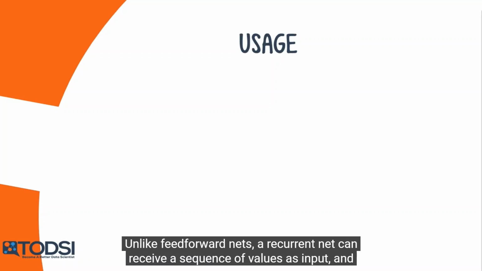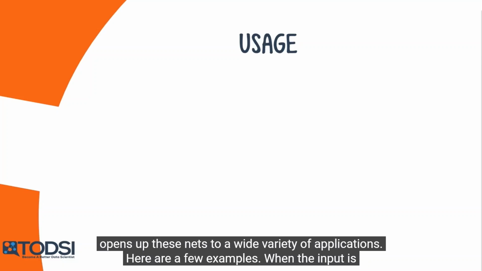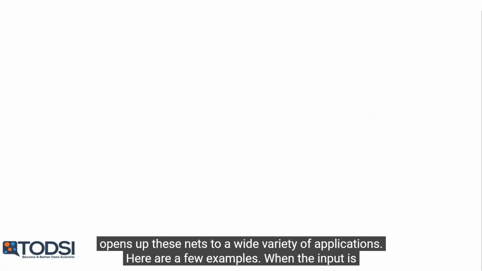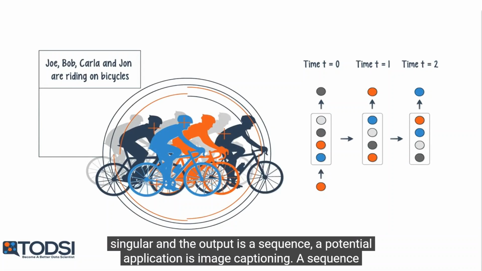Unlike feed-forward nets, a recurrent net can receive a sequence of values as input, and it can also produce a sequence of values as output. The ability to operate with sequences opens up these nets to a wide variety of applications. Here are a few examples. When the input is singular and the output is a sequence, a potential application is image captioning.